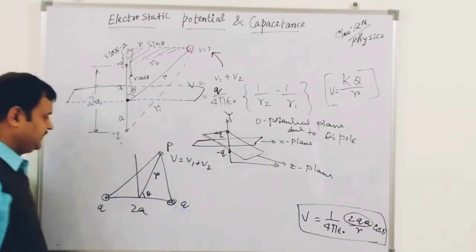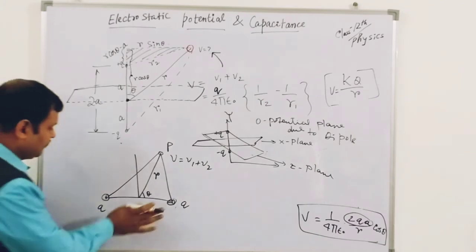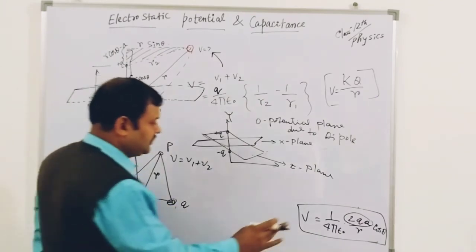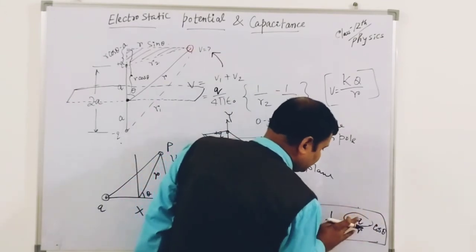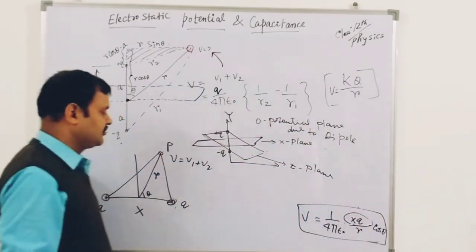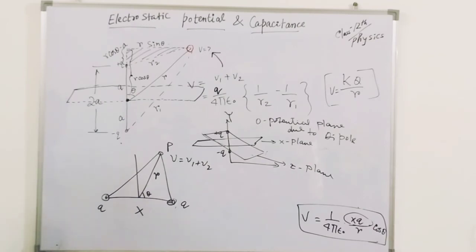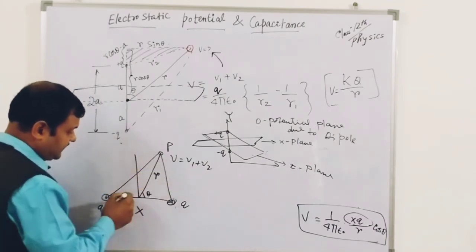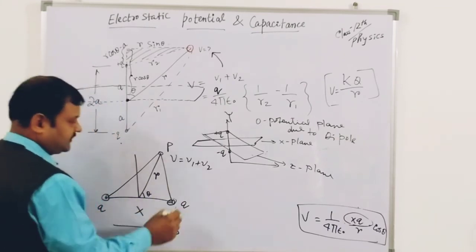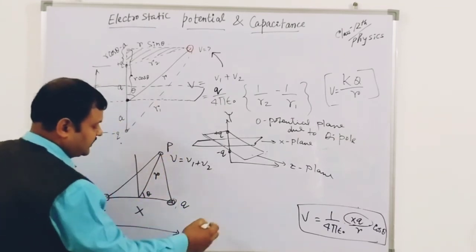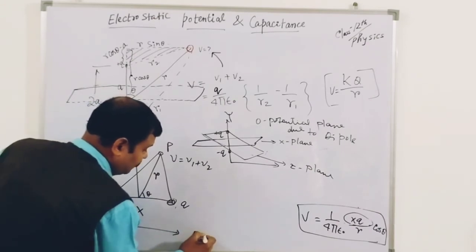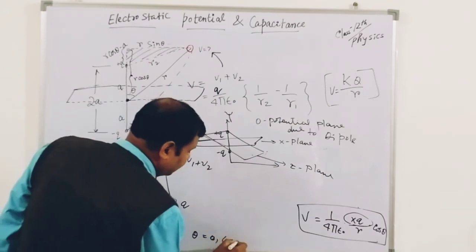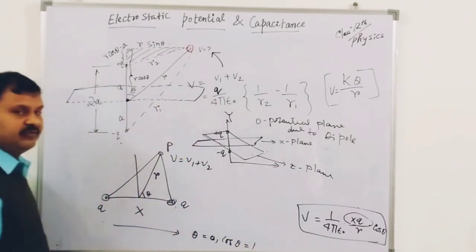Similarly, we will proceed like this. Or you can consider this as x distance. In case of x distance, what will you say? This is phi, this is x cubed over r cos theta. Similarly, if you consider this one as the x-axis, then on the x-axis cos theta will be 1 and the potential will be maximum.